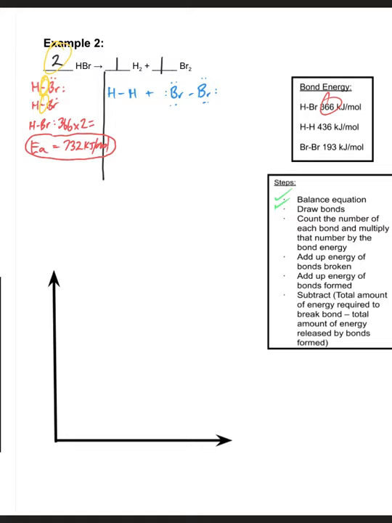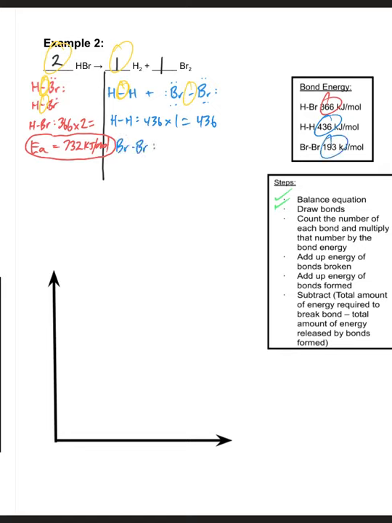Now the product side, the first type of bond I see there is a hydrogen bonded to another hydrogen. The amount of energy in that bond is 436 kilojoules per mole, multiplied by how many there are. There's one of those bonds here, and there's only one from the balanced chemical equation. So I'm just simply going to get 436. I move on to the other molecule, and I see that there is a Br-Br bond.